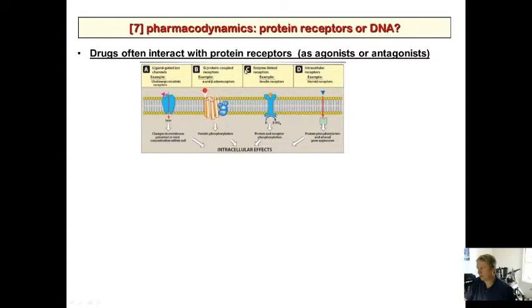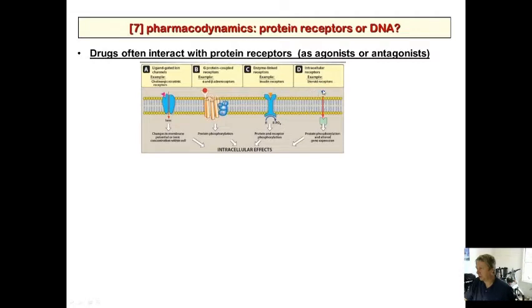If you actually Google enzyme-linked receptors, or even just go to the Wikipedia page, you'll see a whole bunch of these kinase-type drug targets that are enzyme-linked receptors. Same with GPCRs. So GPCRs are a huge class of drug targets that the pharmaceutical industry uses. Intracellular receptors, like the steroid receptor, and just a lot of things.